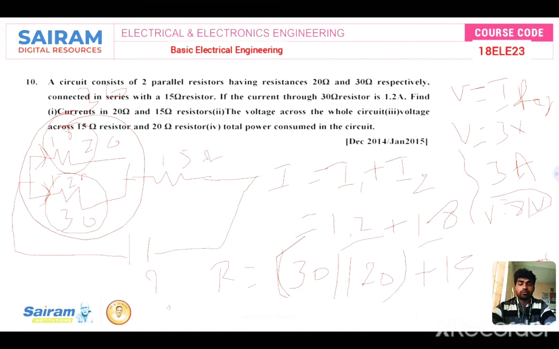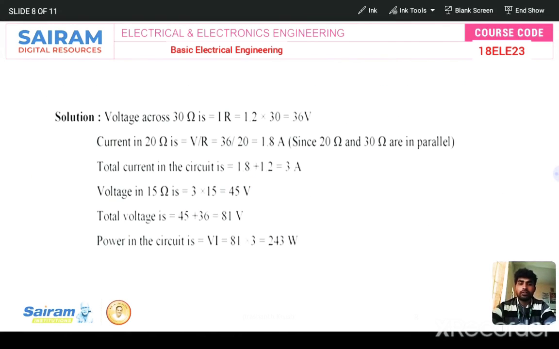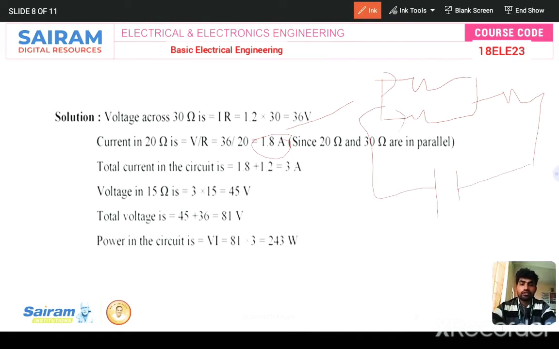So let me go through the direct problem. Voltage across the 30 ohm resistance is 1.2 into 30, you will get 36 volts, and the current in the 20 ohm resistance is V by R, 36 by 20 is 1.8 amps. So this current and this current we calculated.